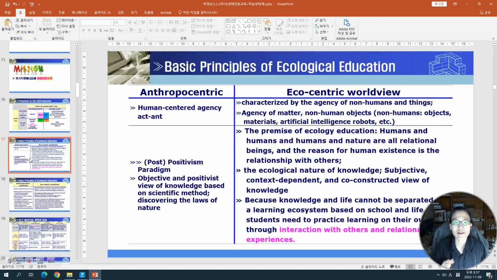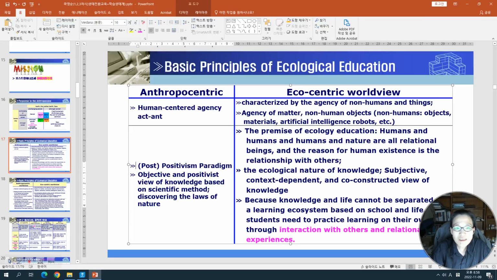Okay, in summary, when you hear about Anthropocene, it's about human-centered, anthropocentric or anthropocentrism. Human-centered, humanism. It's a human-centered agency. They only recognize humans as the only agency, the one that can take any action, including action on the climate crisis.